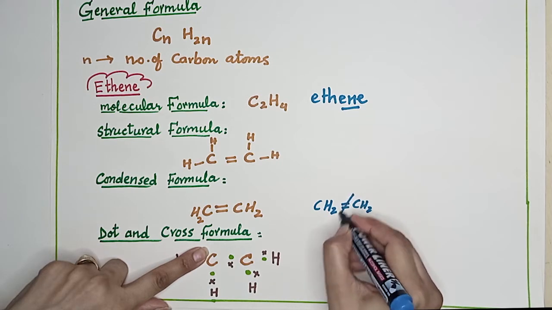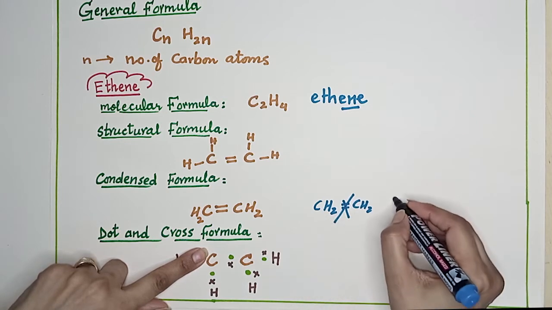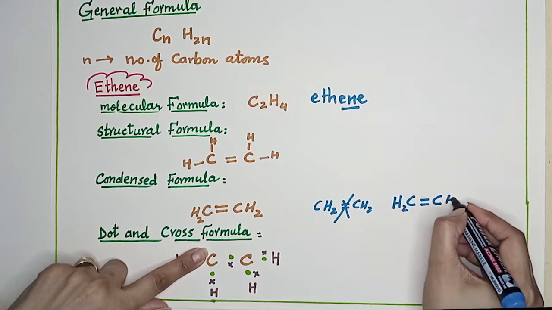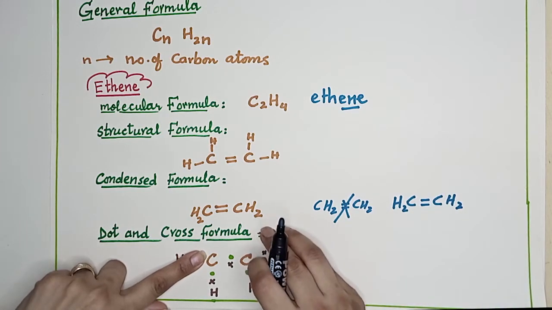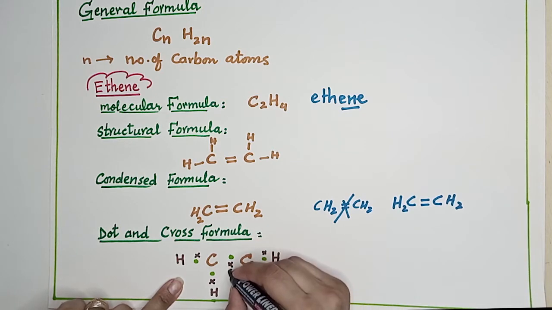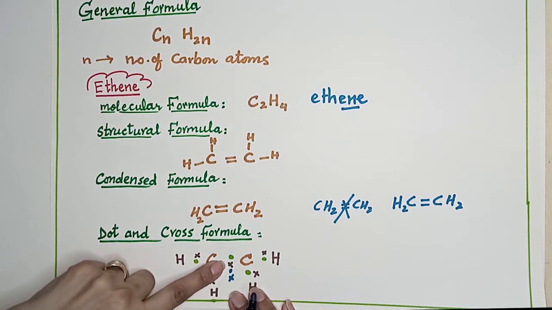It will be the wrong one. The exact way to write it is H2C, because carbon-carbon double bond will be present there. So this is the formula of ethene. So single bond is shown. Here is double bond. So we will show it double bond. Double line shows double pair of electrons.